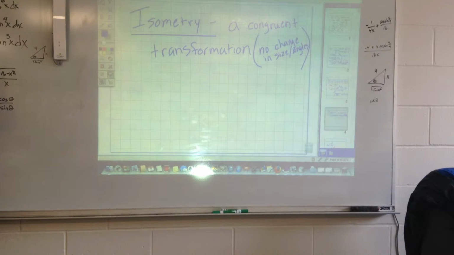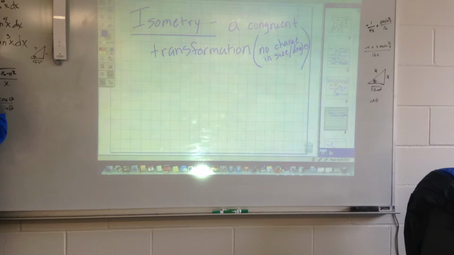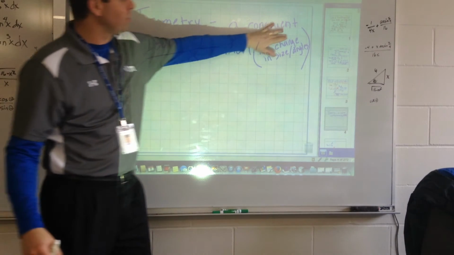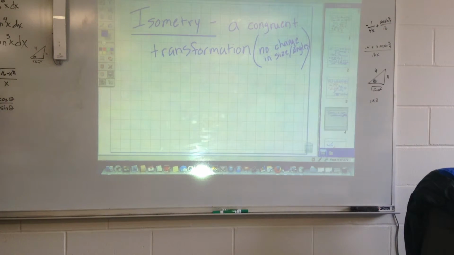It's like you dragging an image on a document. Oh, I don't like it in the top right corner, I'm going to move it to the middle, and you just drag it to the middle. You're not dragging on the corners or the ends of it, which stretches it or shrinks it or makes it bigger. It's a congruent transformation. So it doesn't change its size or shape or angles or anything else. This says no change in size or angles, if you want to write that down. But basically it just keeps its same shape.